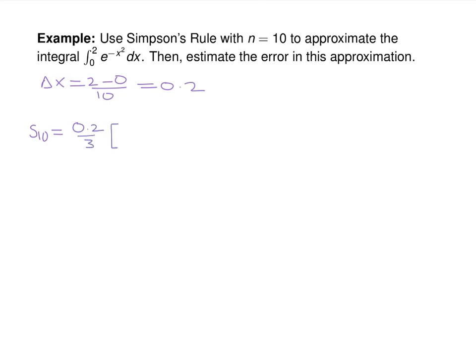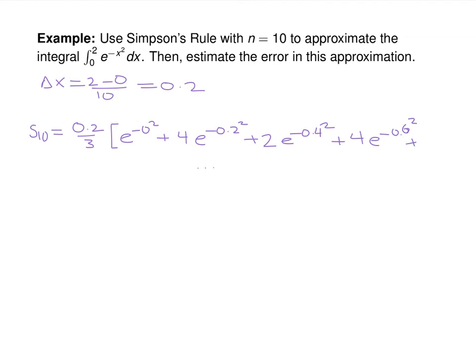And then we plug in 0, e to the negative 0 squared. Then 4 plugging in 0.2. And then 2 plugging in 0.4. And then 4 plugging in 0.6. You get the idea.